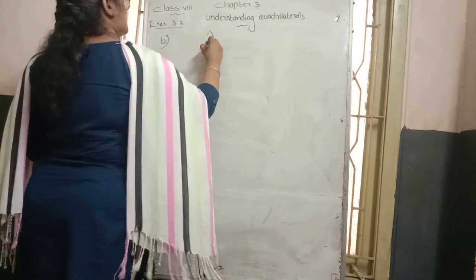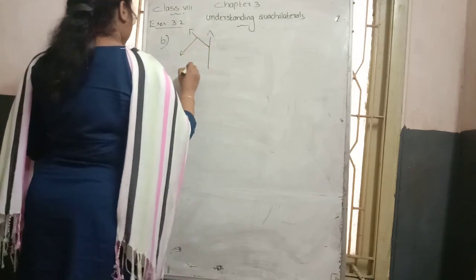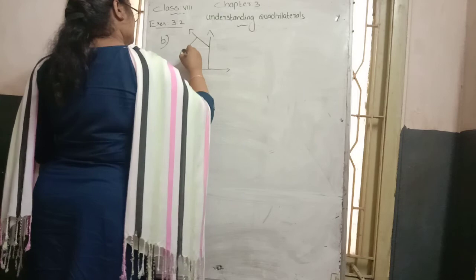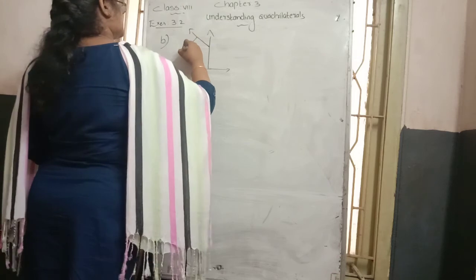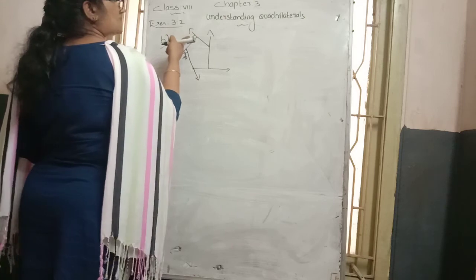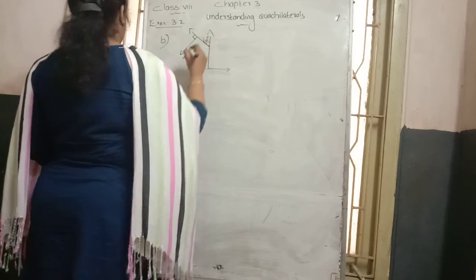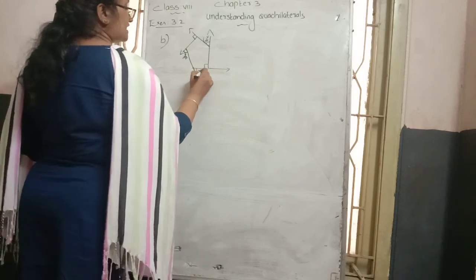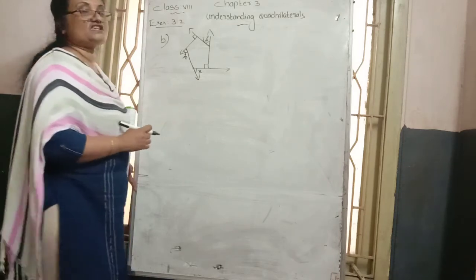Here they marked 70 degrees. This symbol represents 90 degrees. Here they gave 60 degrees. Then this inside angle is 90 degrees. There they marked x. They ask us to find the x value.